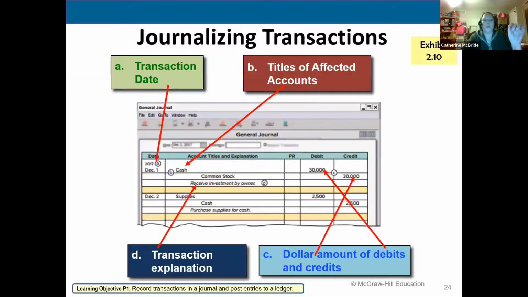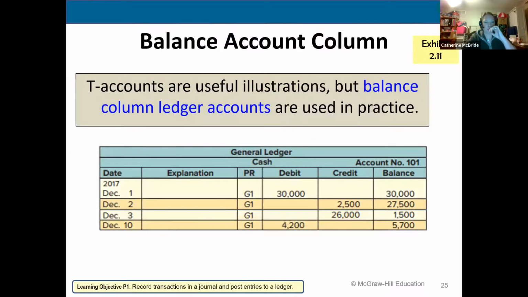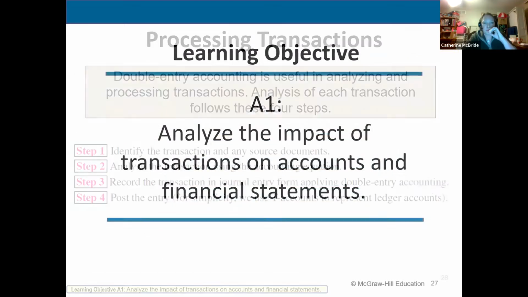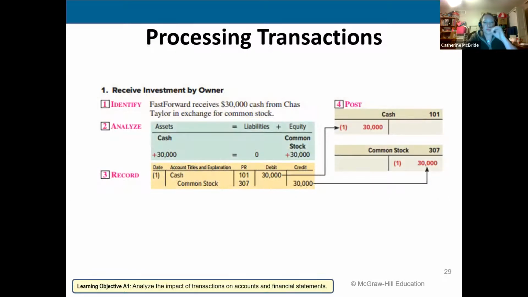All right, so when we're doing a journal entry, you are going to think about 5 things. And I say this on the video, but this is what you should write down for the weekend. The first thing you ask yourself is, what happened? So Fast Forward receives $30,000 cash from Chas Taylor in exchange for common stock.